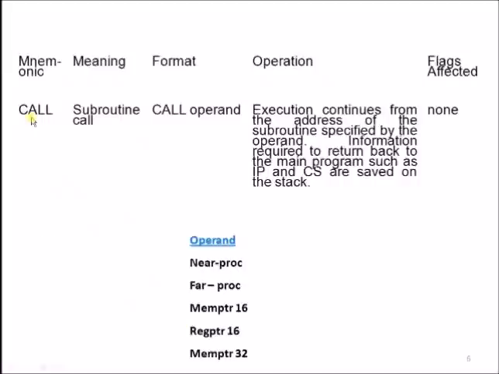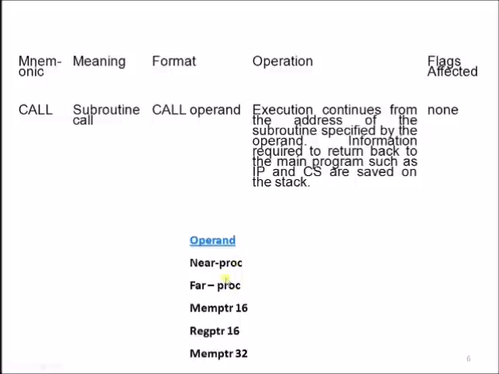The CALL instruction is a subroutine call: CALL and an operand. The control will be transferred to the specified operand. Here the operand might be a near procedure or a far procedure, within a segment or between segments.